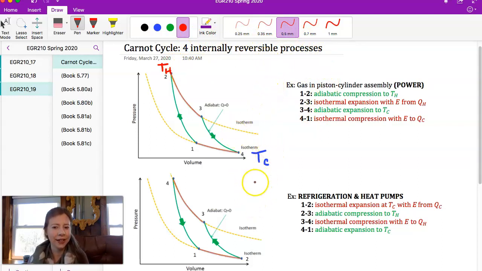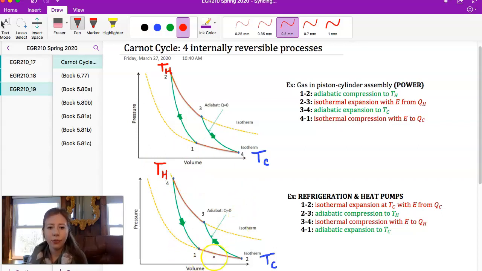Next, at the bottom left here, let's look at an example of a refrigeration or heat pump cycle. We're going to start once again at the bottom left of our PV diagram at state 1. Down here along this lower isotherm is our cooler temperature, and along the upper isotherm is our higher temperature.